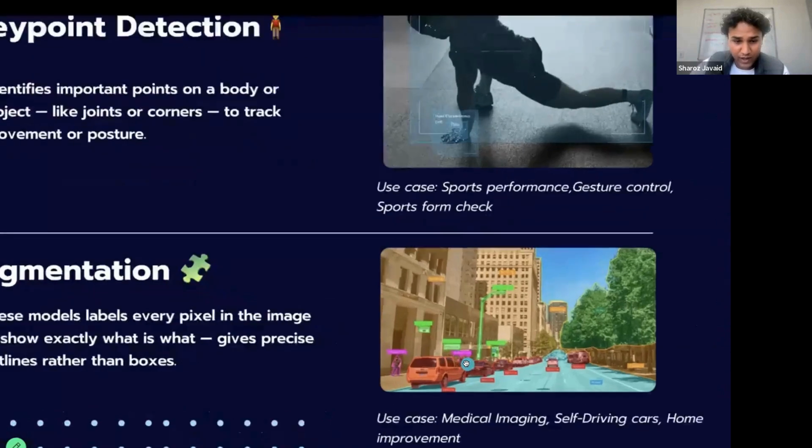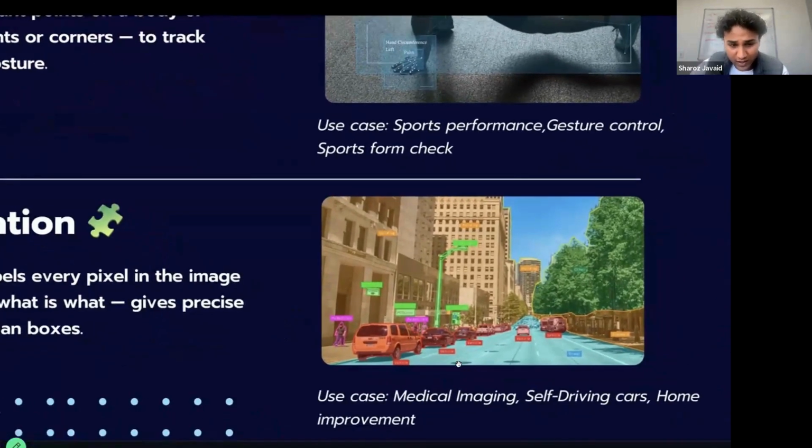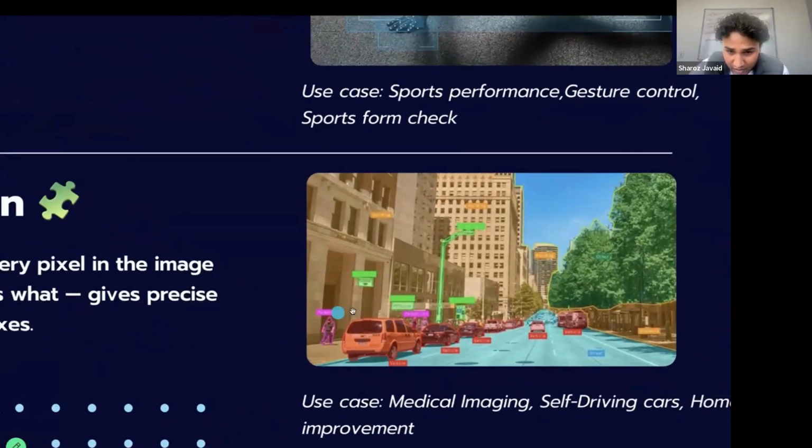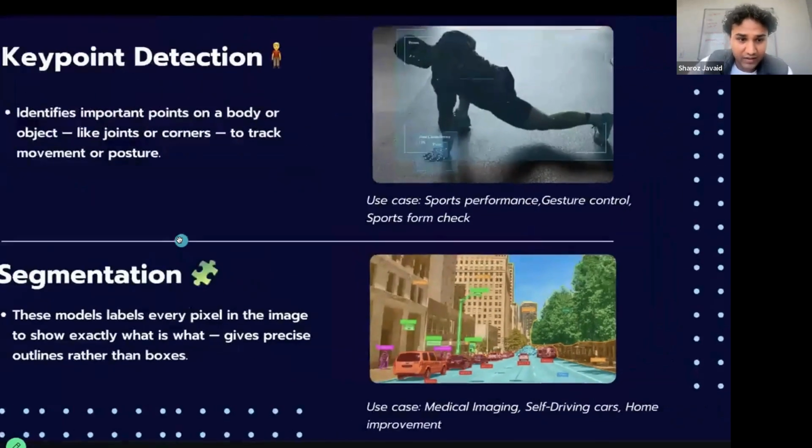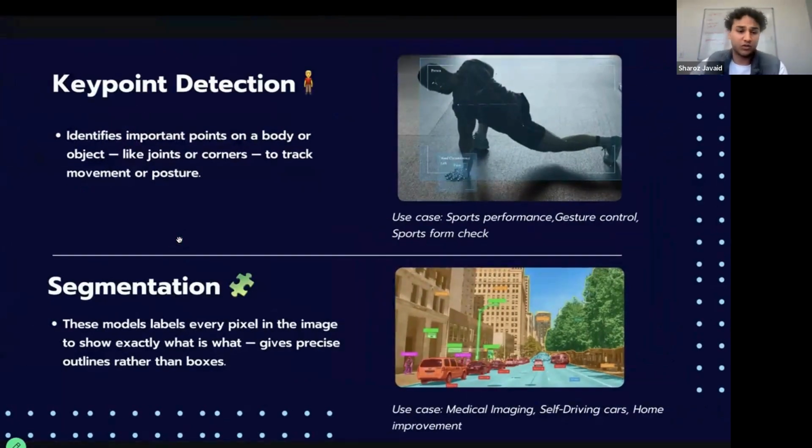These models label every pixel in the image with a precise outline of the object instead of drawing those bounding boxes. So this is really useful for cases of self-driving cars, medical imaging as well. And there are a bunch of more models other than these four models in the computer vision space, but these are just ones I wanted to highlight.